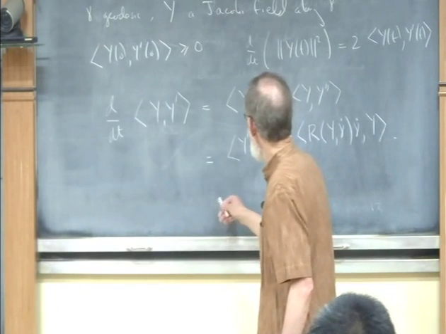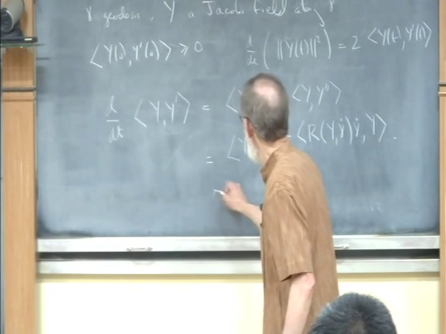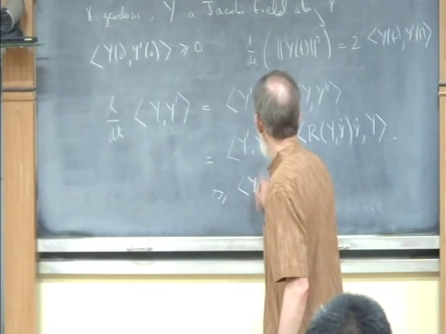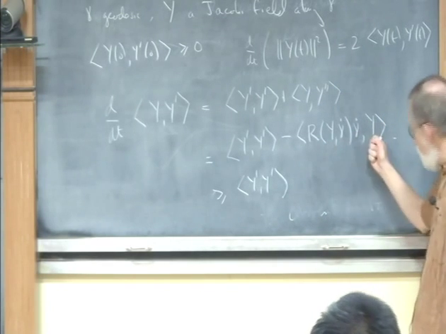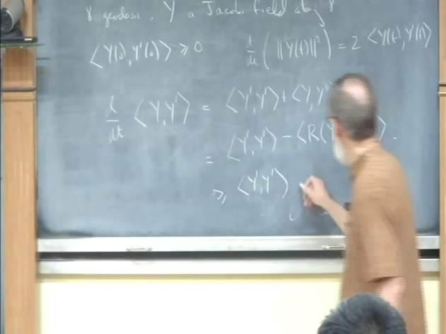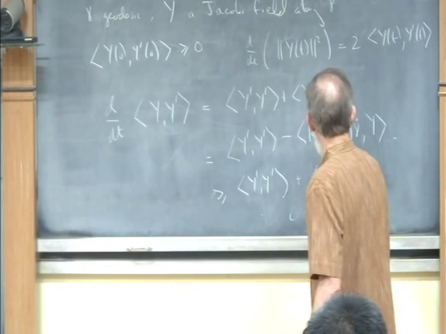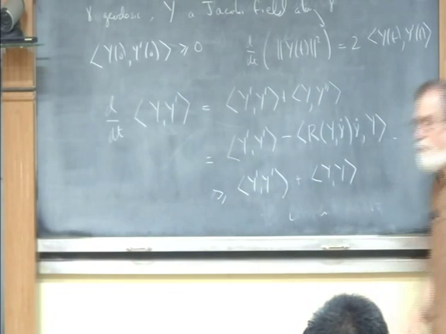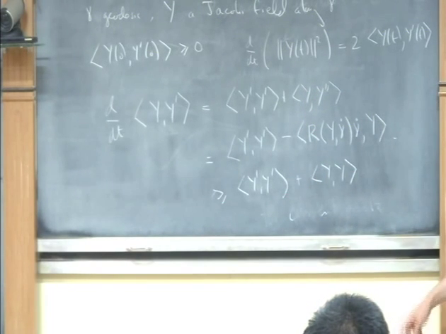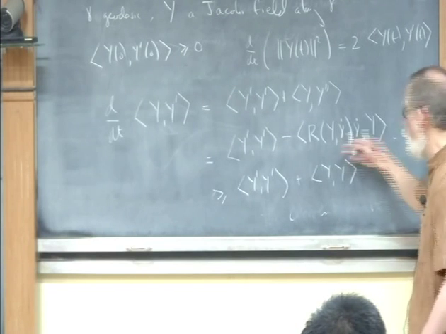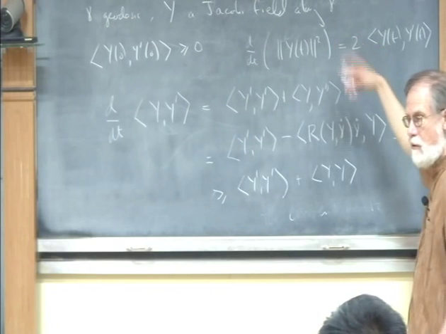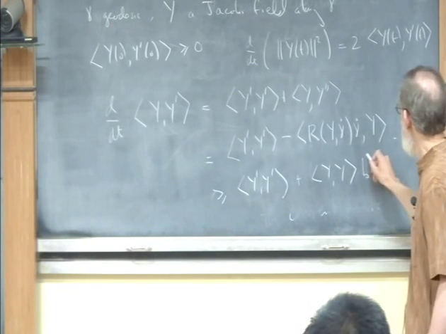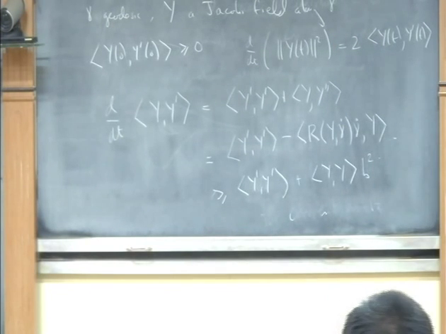So we can see that what we have is greater than or equal to the norm squared of y times a sectional curvature. And the sectional curvature is less than or equal to minus b squared. So minus it is greater than or equal to b squared.